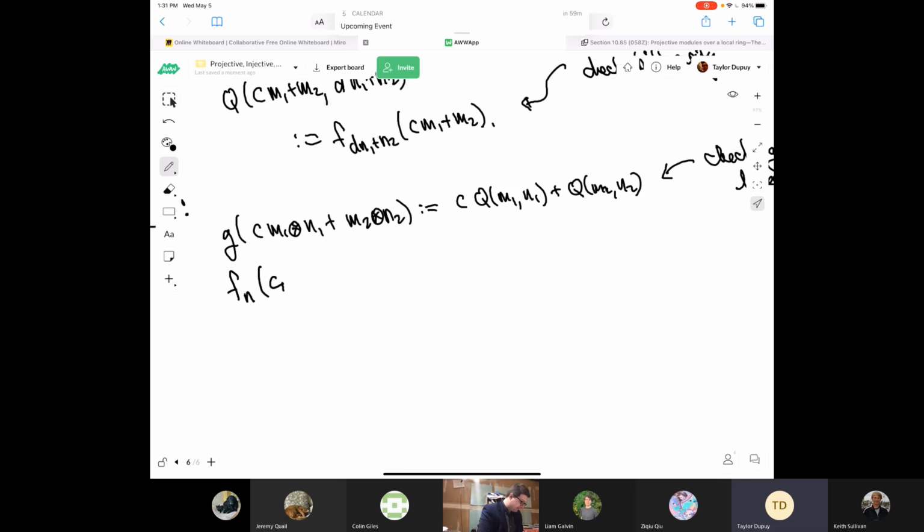Okay, so now we just need a map here. How do we define this map? Okay, so this thing is just going to be defined to be Q of Mn.